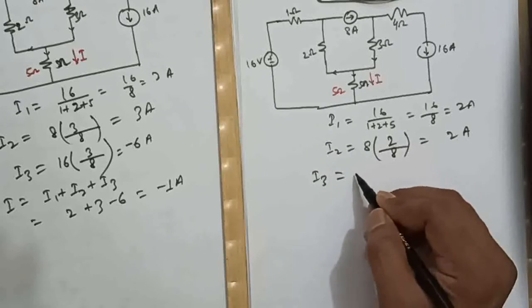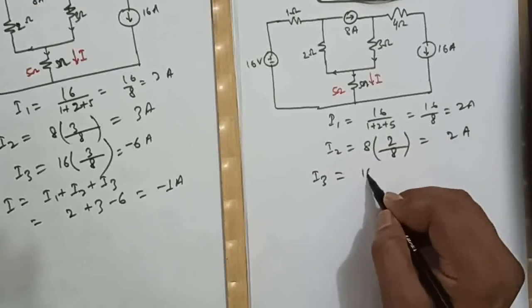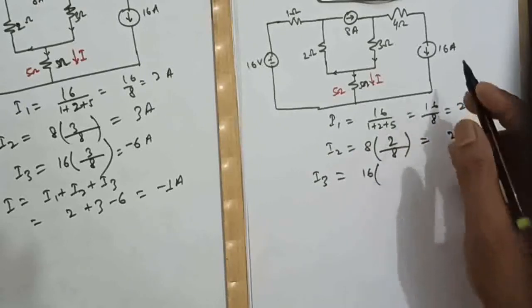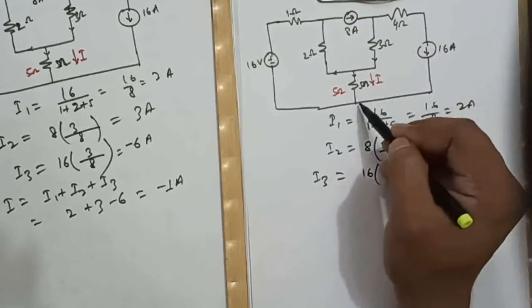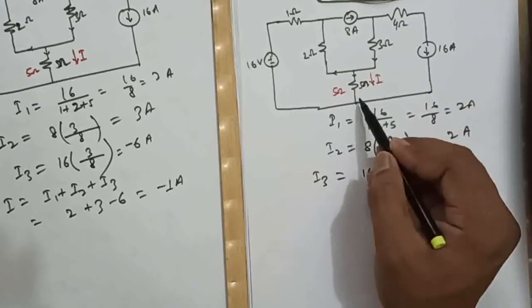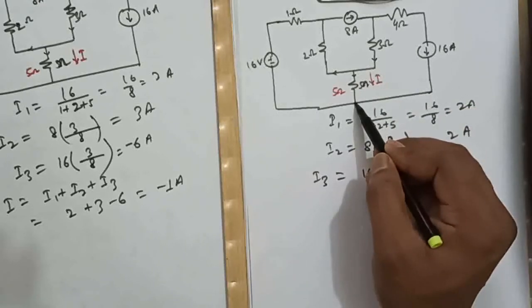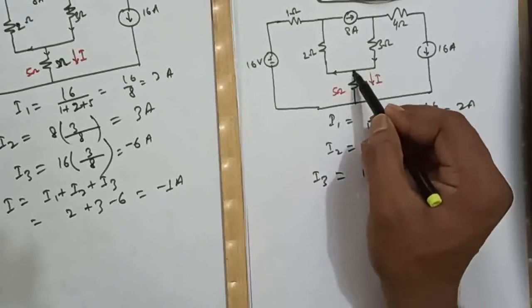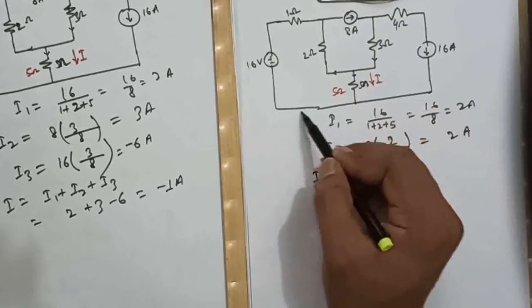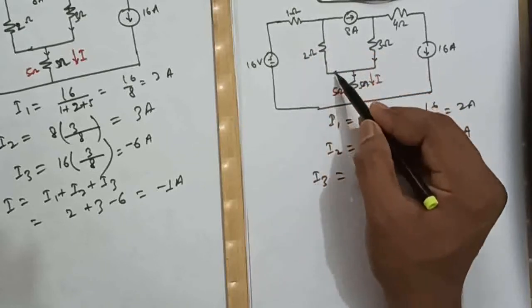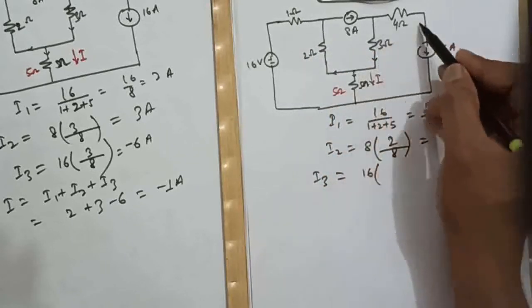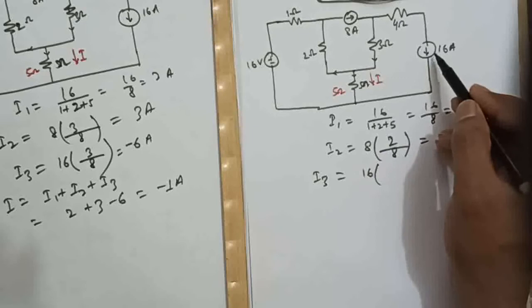So what will be the value of I3? Total current multiplied by, this is open circuit, this 16 ampere will come here, will get divided here, one part will go here, right, another will go here, come here, and again combine here with return to this current source through this path.